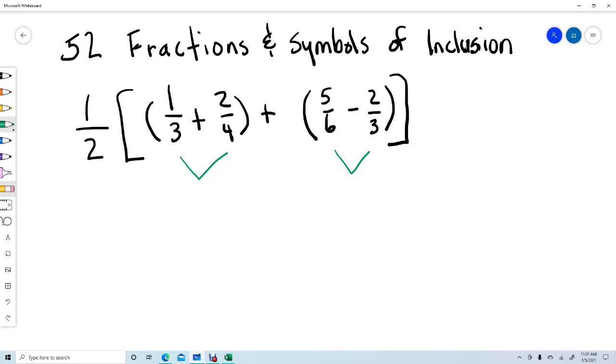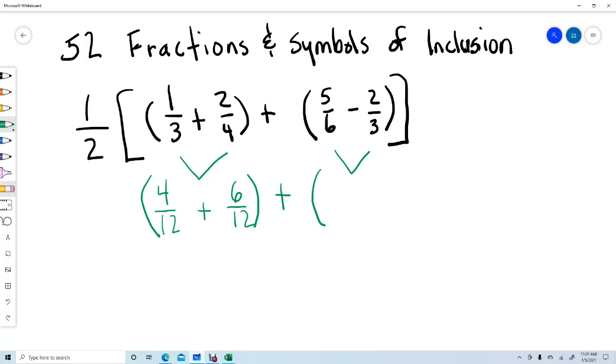And so if I convert that to a common denominator, my least common multiple of 3 and 4 is 12. So 1/3 converted to a fraction with a denominator of 12 is 4/12. And 2/4 is the same as a half, so that's going to be 6/12. I'm going to put my parentheses back.